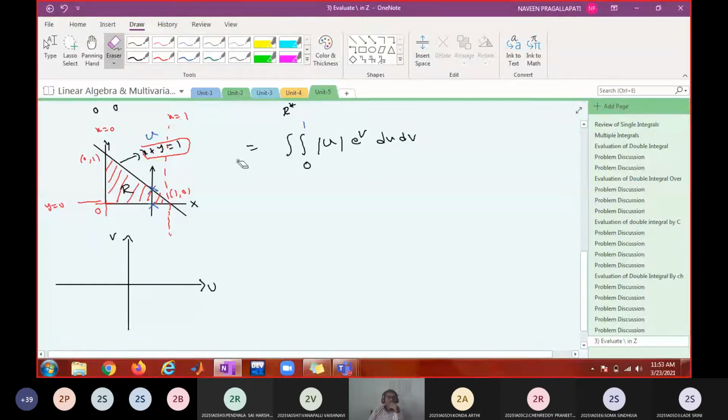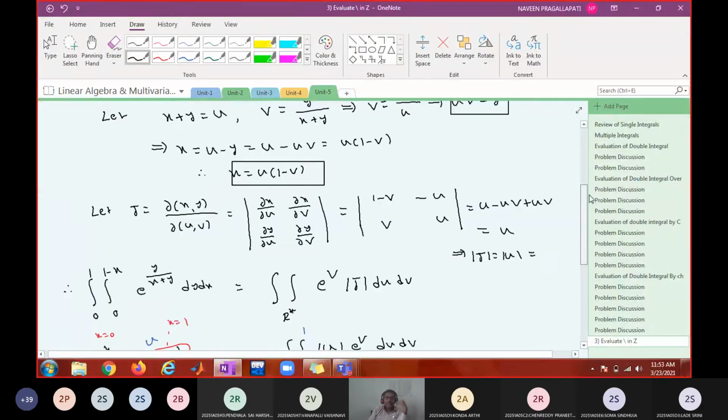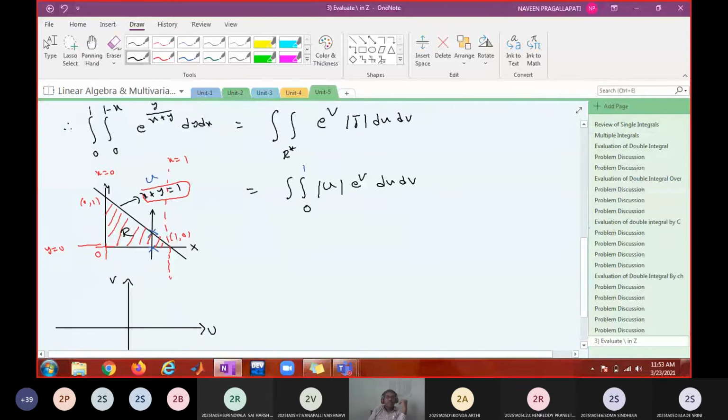One is y equal to 0. We got the substitution y equal to uv, x equal to u into 1 minus v, that is fine.